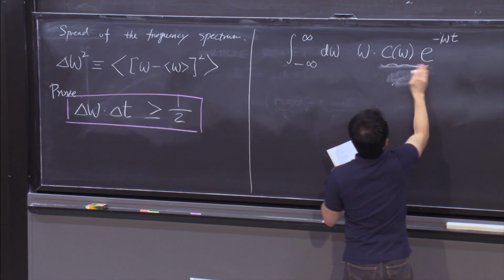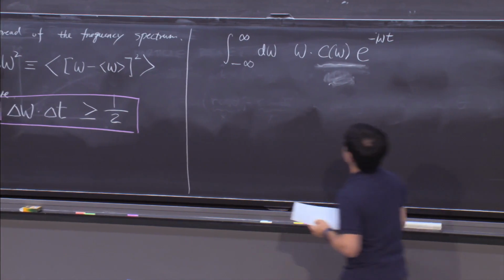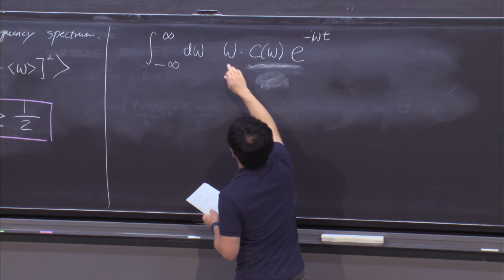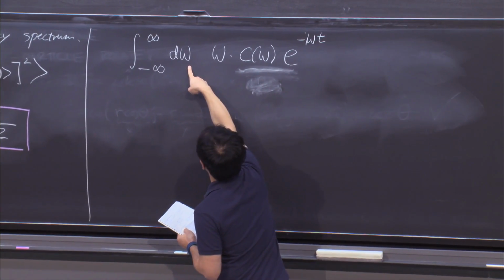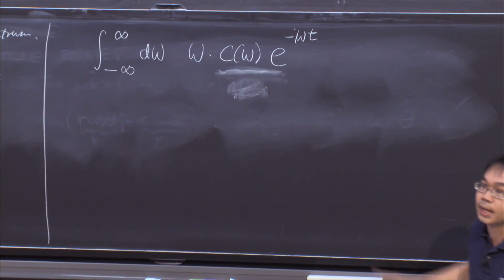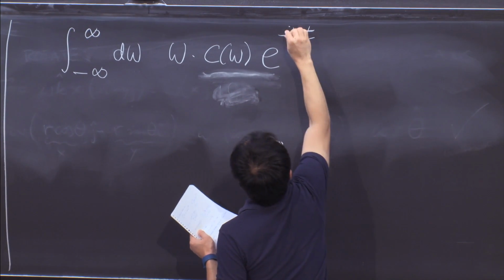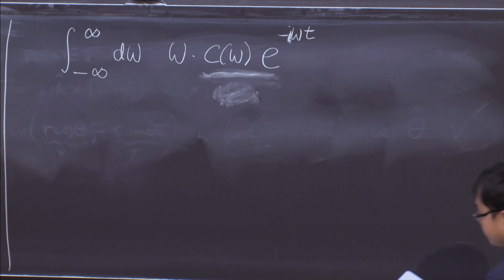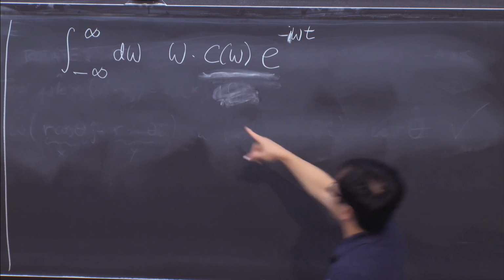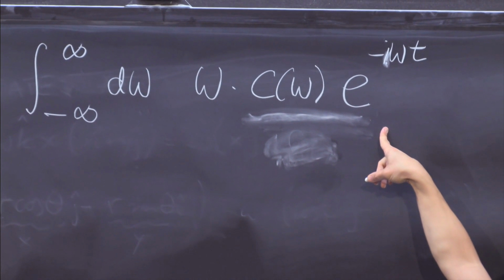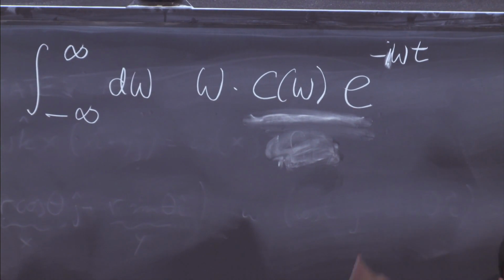So if I go ahead and evaluate this integral, I integrate over omega, and I have omega times c of omega times the exponential of minus i omega t. You can see that this omega can be extracted from the exponential function if I do differentiation with respect to time.